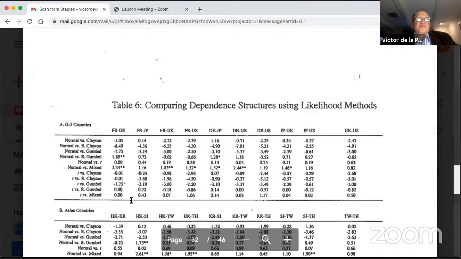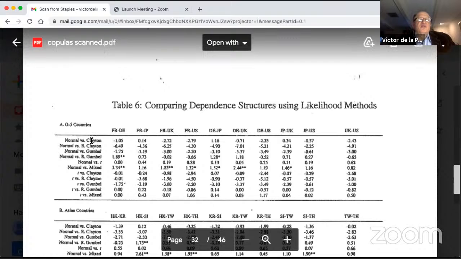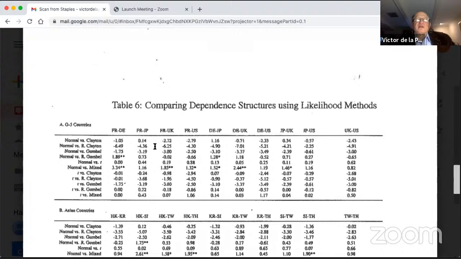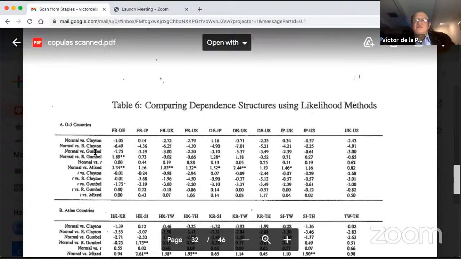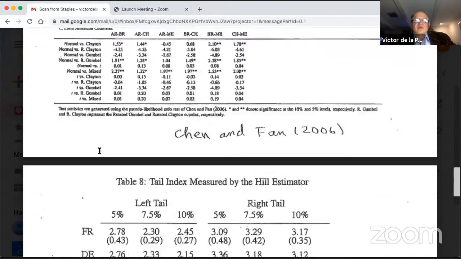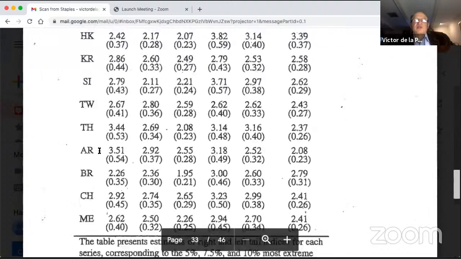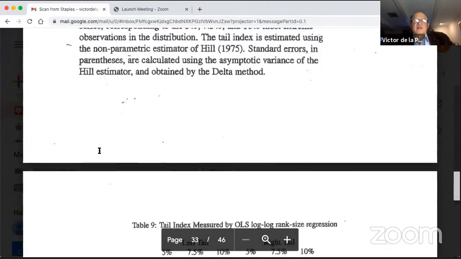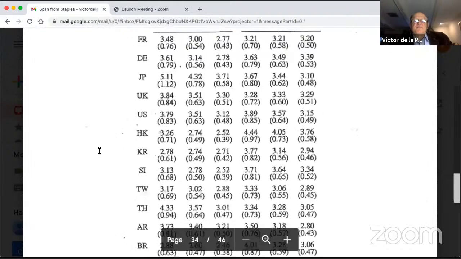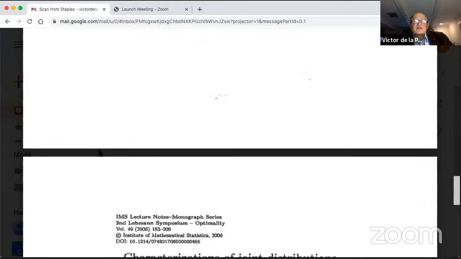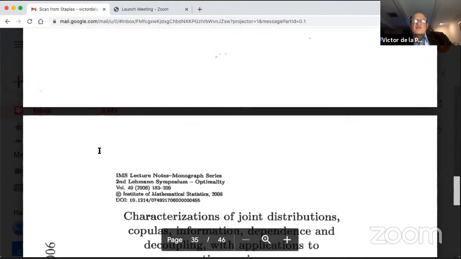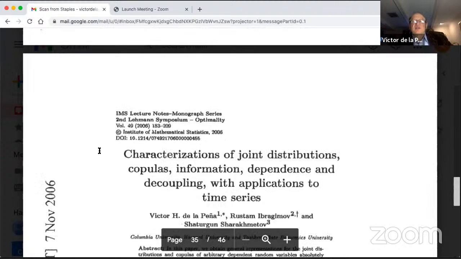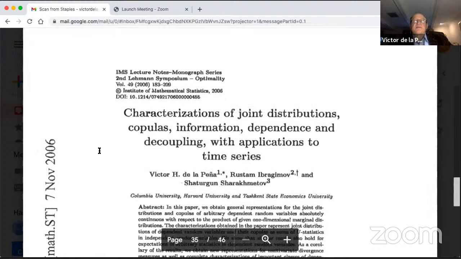Here we have the normal versus the Clayton copula, and this is what we got. These are all tables related to our study, but this is not a course on finance, so I'm not going to dwell on this.